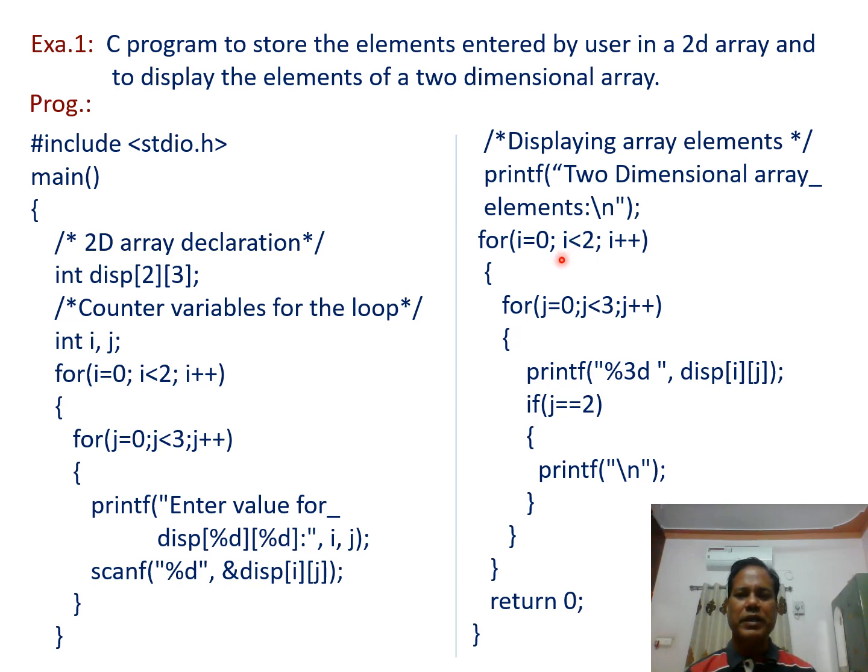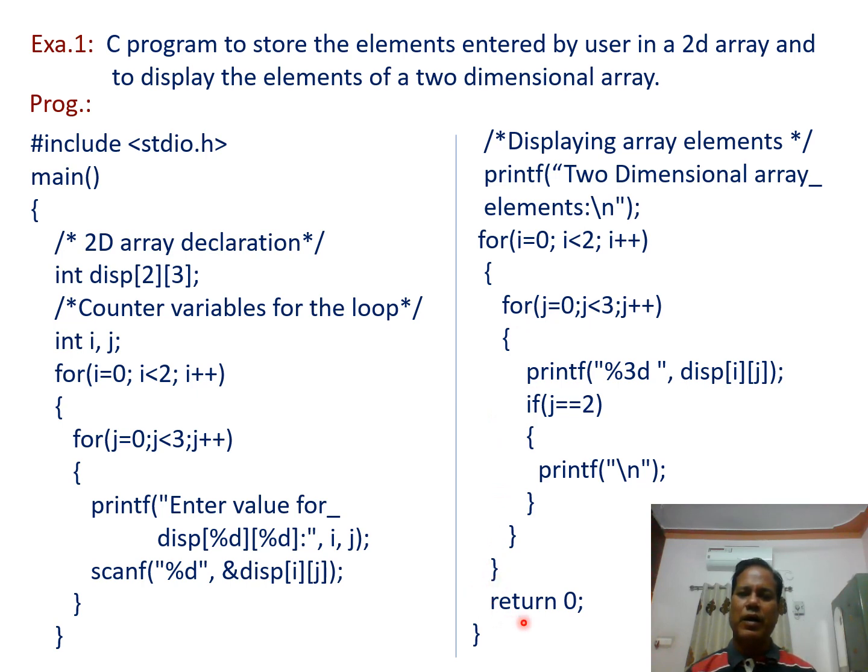When the condition is tested, it is again true, so executing the body of the outer for loop, we again print all 3 values of the second row. After that, when i is incremented, the value becomes 2, the condition becomes false, and control comes out of the outer for loop.